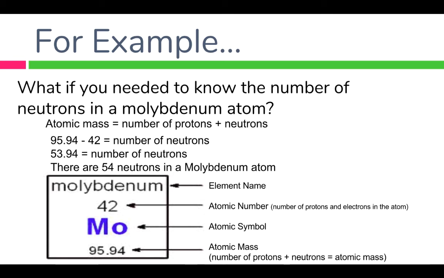So in molybdenum, we have 95.94, take away 42, and we're left with 53.94. You can't really get 0.94 of a subatomic particle, so if you round it up to the nearest whole number, there are 54 neutrons in a molybdenum atom.